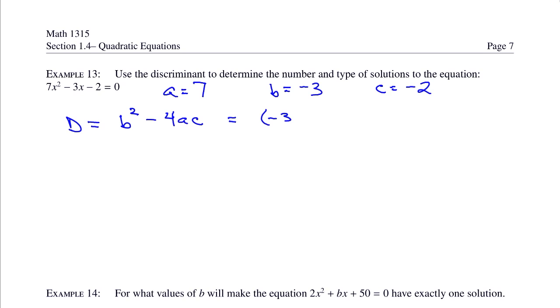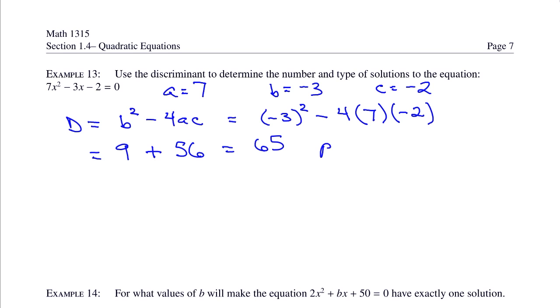So this would be negative 3 squared minus 4 times 7 times negative 2. That would be 9 plus 56, and that's equal to 65. More importantly, it's positive. So if we have a positive discriminant, that tells us that there are two real solutions.